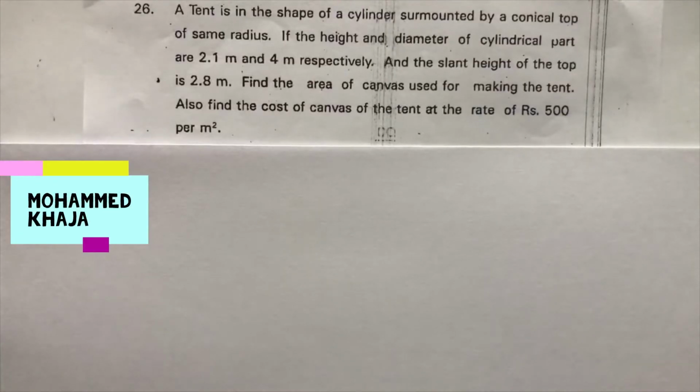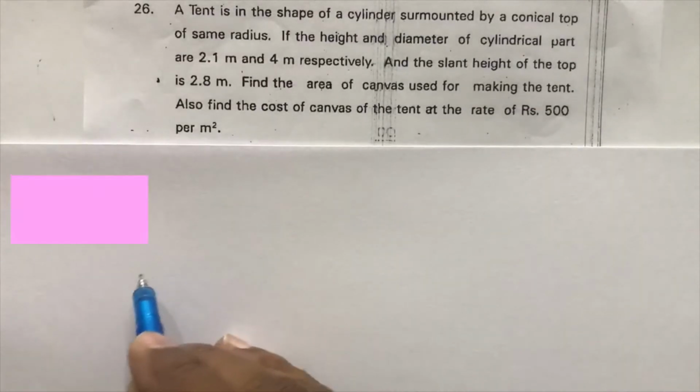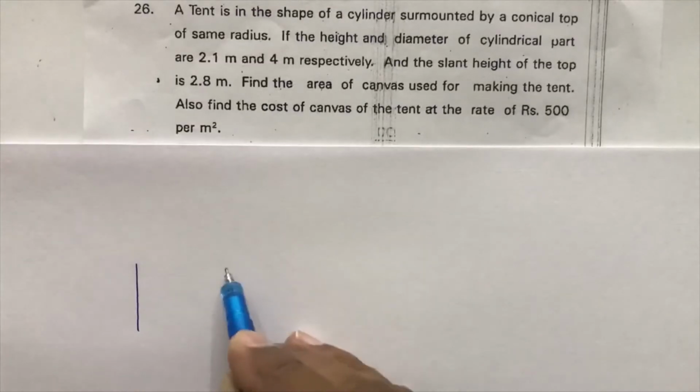A tent is in the shape of a cylinder surmounted by a conical top of same radius.